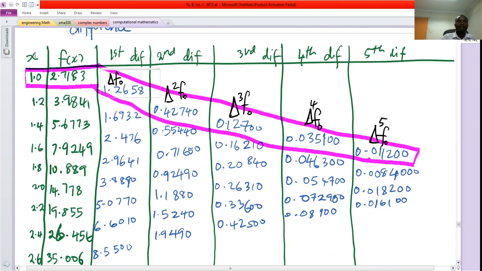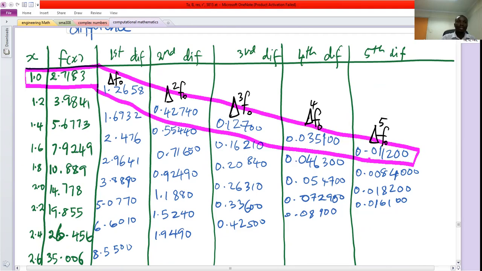So we'll have a column for x, 1 up to 2.6, and then the value of the function as given in the table. And so we'll have the first column, the first difference, second column, the second difference, third column, the third difference, fourth column, the fourth difference, and fifth column, the fifth difference.